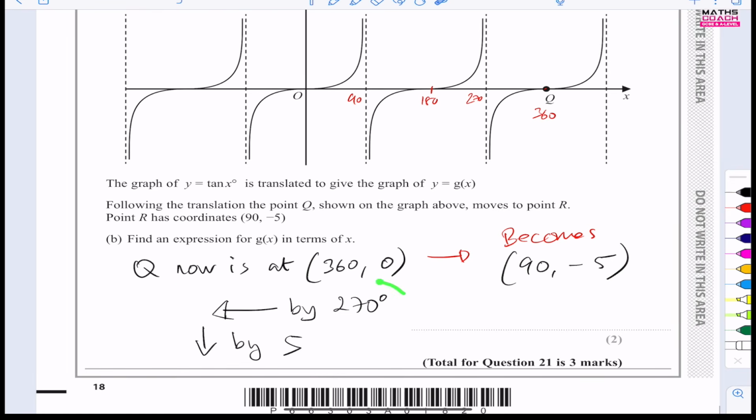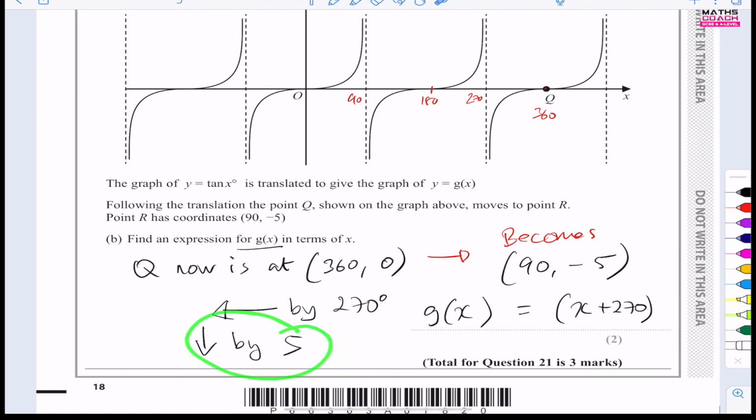So if you remember your translations of graphs, going backwards is a matter inside of the bracket with the x. So g of x is going to be equal to an x with a plus 270. Remember, inside the bracket, if you're going negative to the negative, it's a positive inside the bracket. Okay?